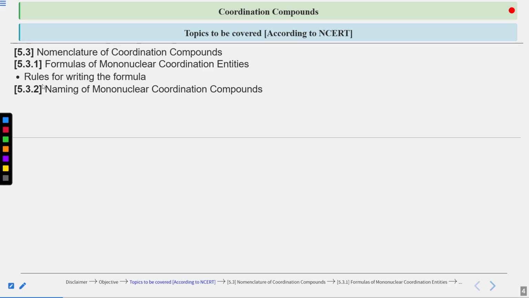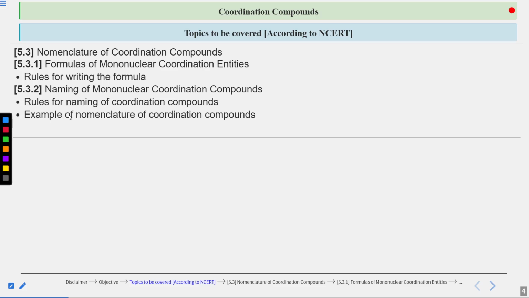Then we will see section 5.3.2, including the naming of the mononuclear coordination compounds. In this, we will see the rules for naming of the coordination compounds. Then we will see some examples of nomenclature of the coordination compounds. And lastly, we are going to have the examples marked as 5.2. So let's begin.